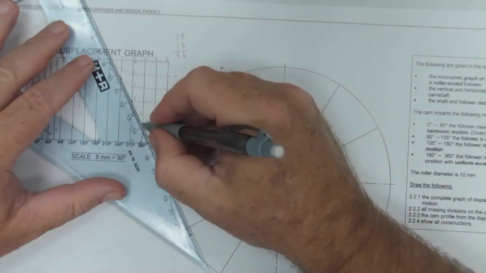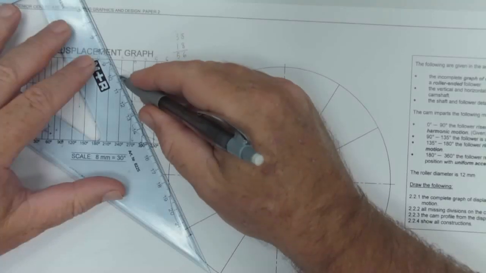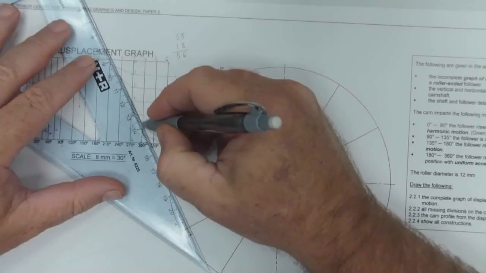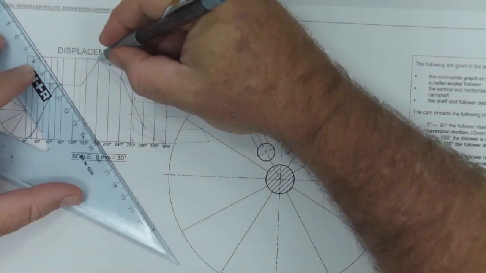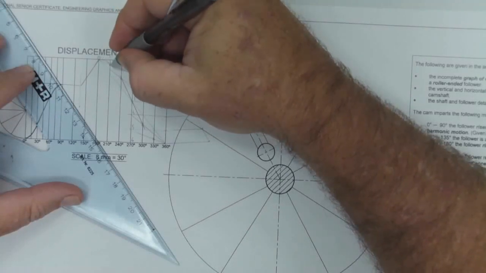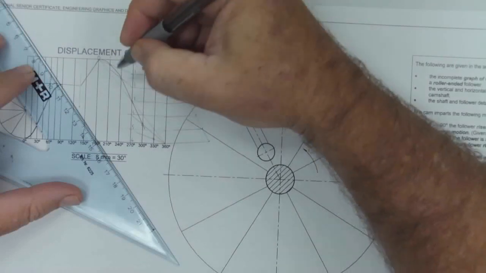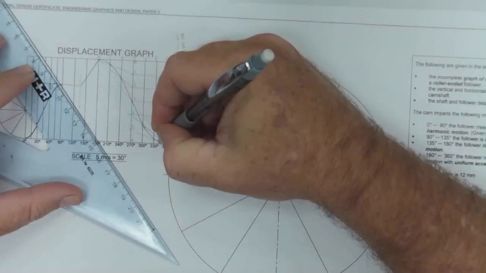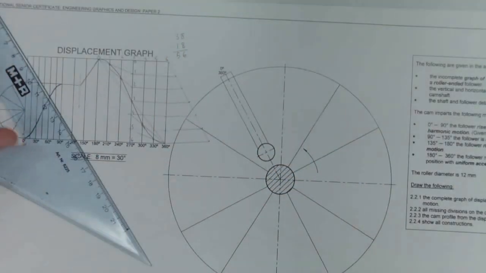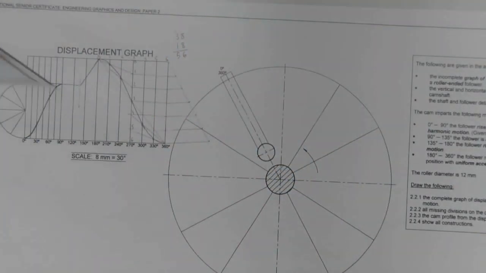Now, for accuracy, the middle 3 points should line up, and then we curve 0 to 1 and 1 going to 2, and the same type of process on the other side. And there I have my simple harmonic motion, finding those remaining points.